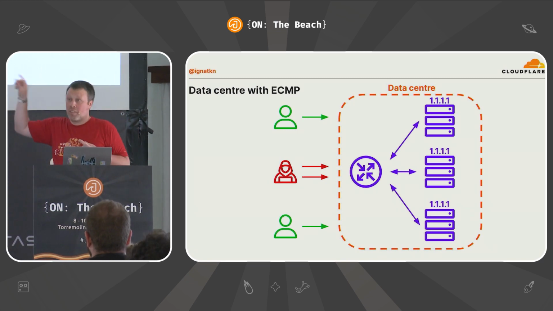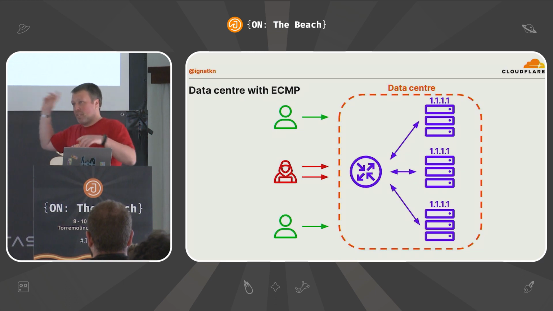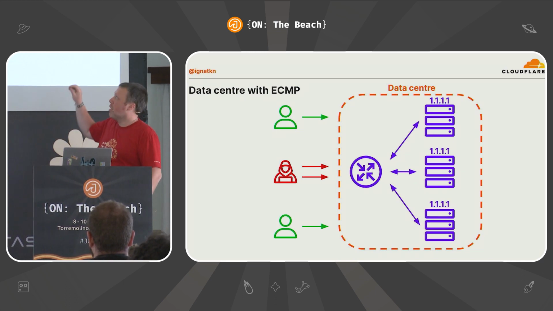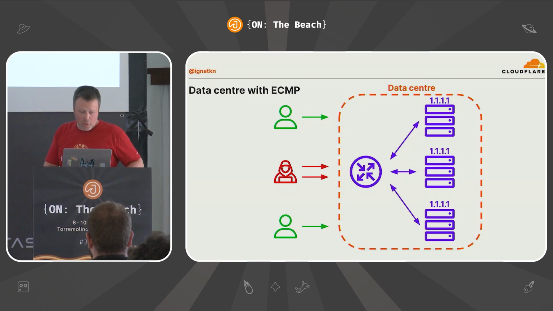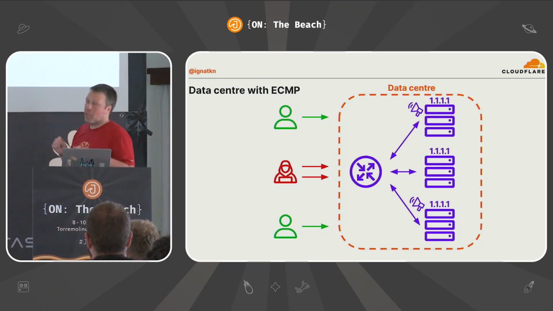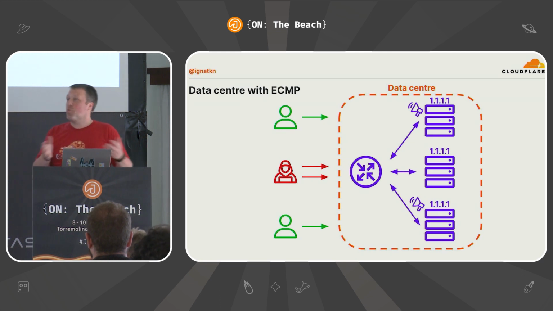So your router doesn't have an internet address. Well, it does for management purposes, but your web resource IP address is actually on your servers, and you can use a technology called ECMP in the data center to start announcing these addresses to a router. ECMP is a data center equivalent of BGP on the internet.